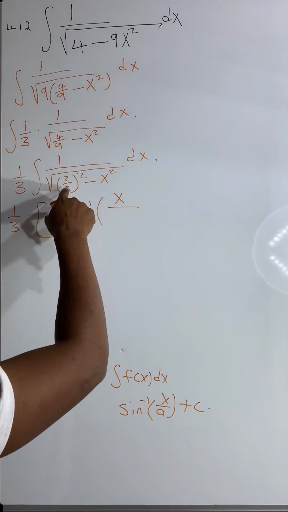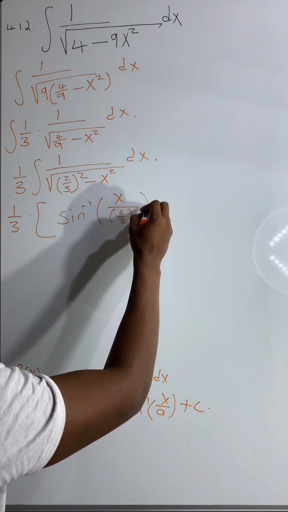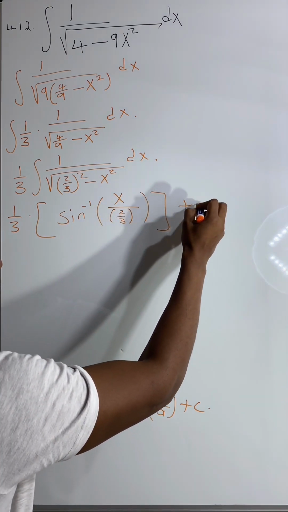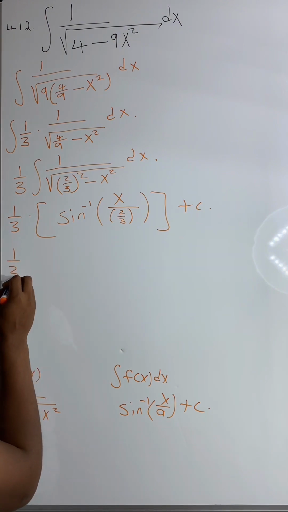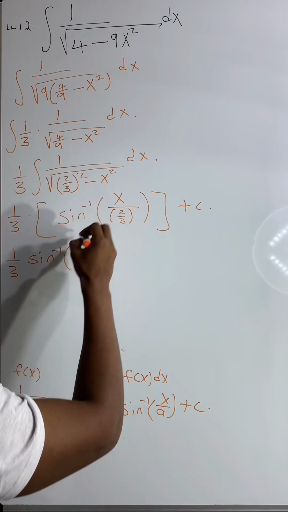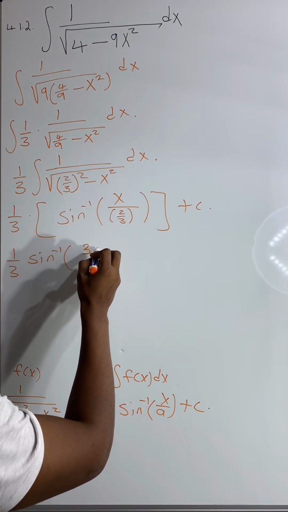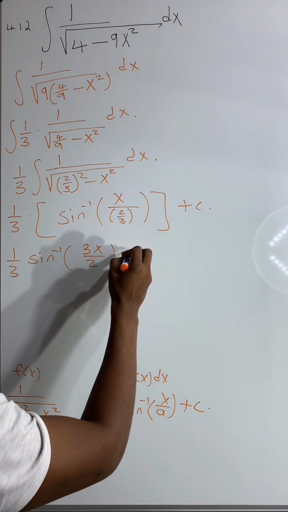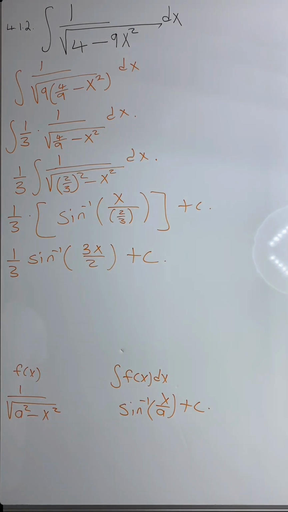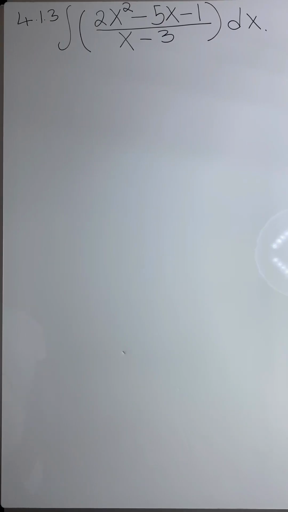Our a in this case is 2 over 3 plus c, and we can simplify. X divided by 2 over 3 will be equal to 3x divided by 2 plus c, and this becomes our final answer.